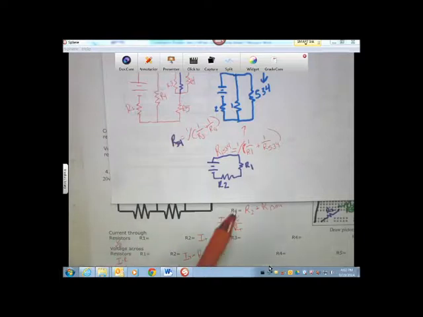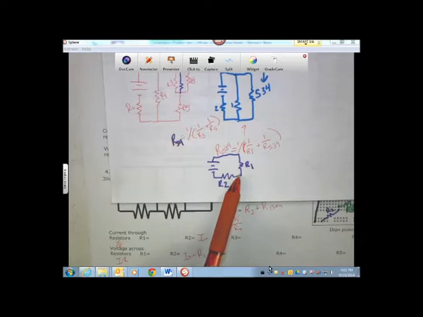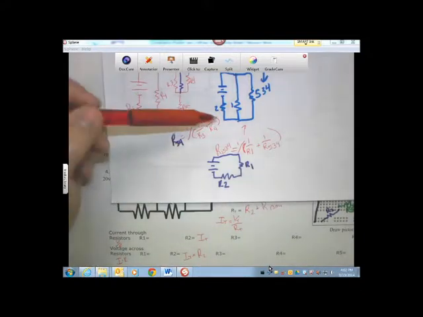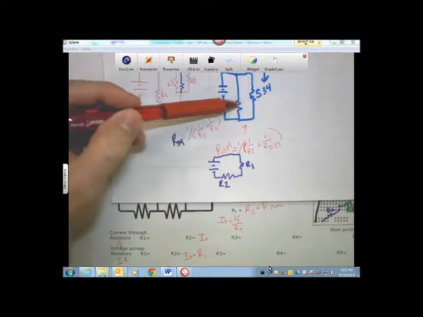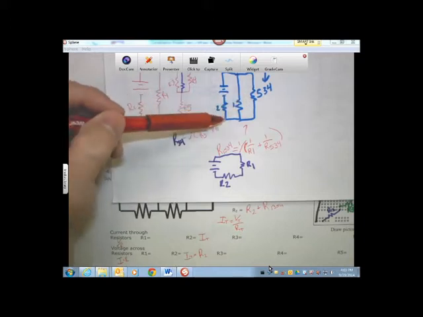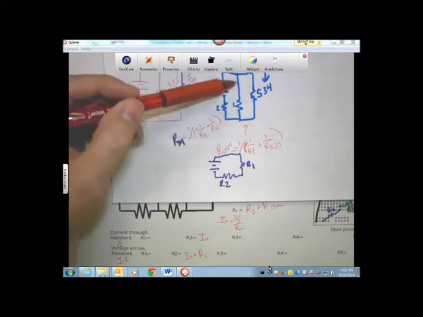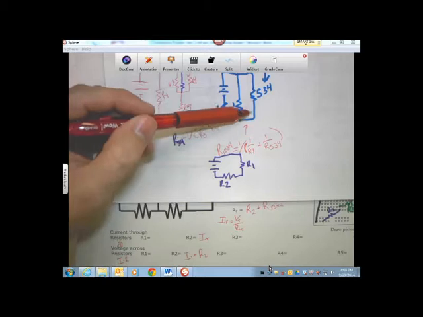So we know the amount of voltage in R1 is going to equal the voltage left of this branch because these two are in parallel. So the same voltage will be at both these sets of resistors. And current will divide up. Some current will go up R1 and some current will go through 5,3,4.